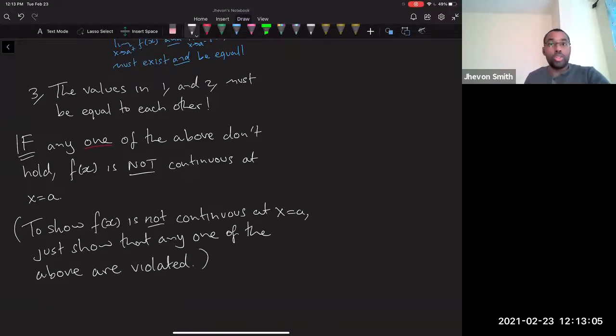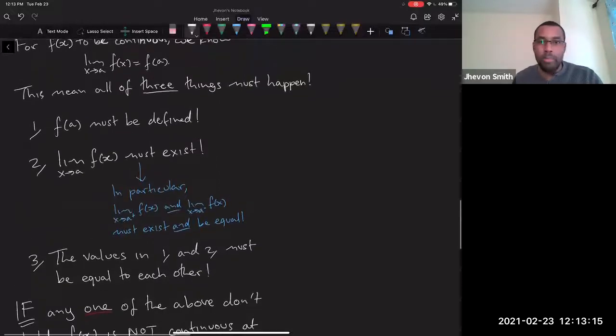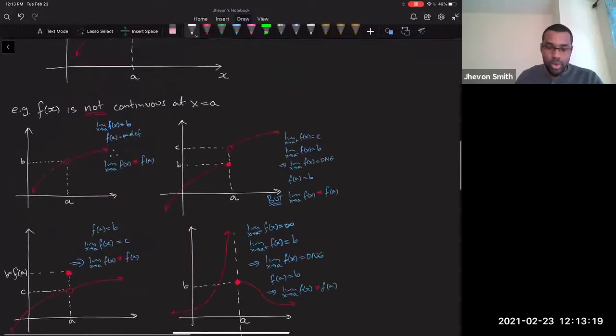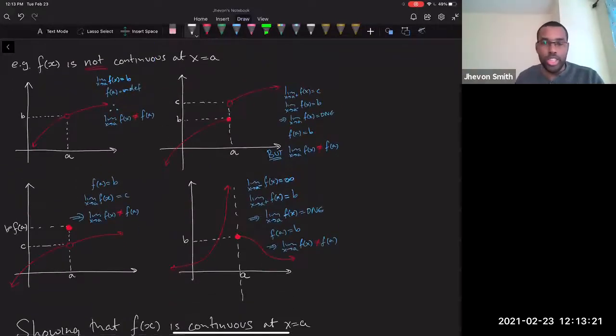So to prove to me that something is continuous, you have to prove all three things. To prove to me that something is not continuous, just show me that one of them messed up, right? Because if you have one of them, but you don't have the other two, it's not continuous. I gave you examples in various situations where you can see that. If I have the limit, but the function isn't defined, it's not continuous.